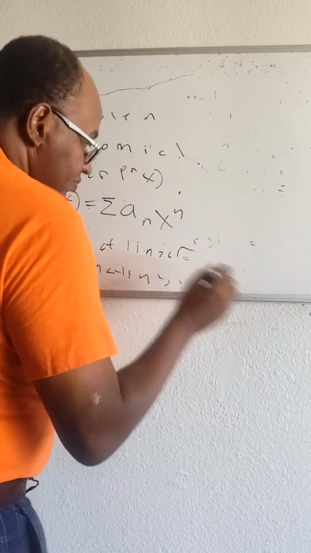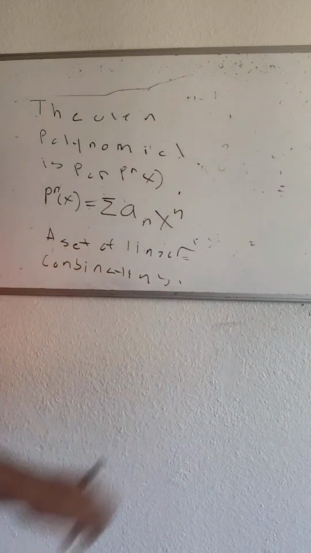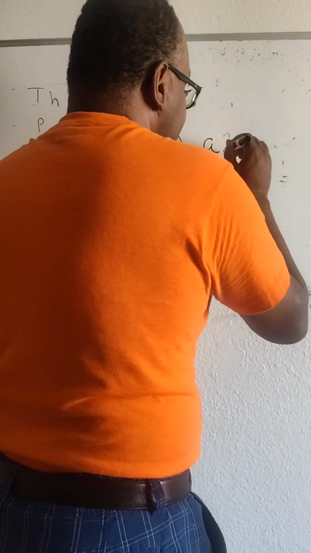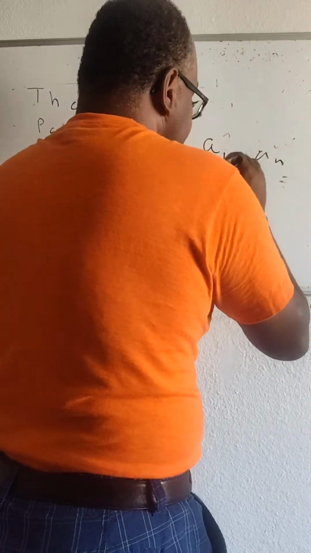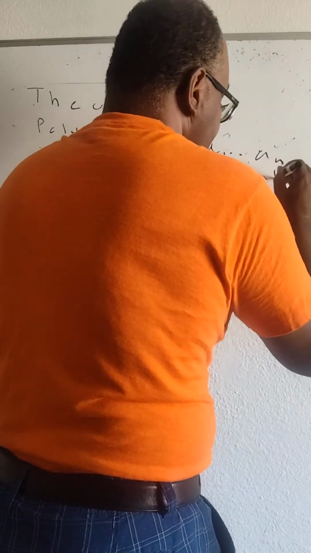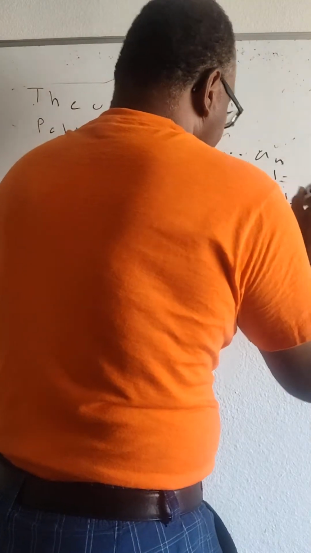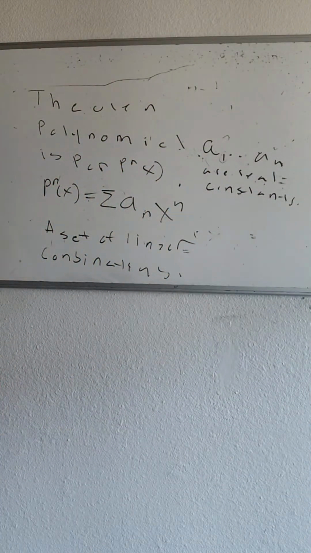That's all it is, right? This is a set. So it is a set of linear combinations. So we just proved that fact. And where a_1 to a_n are real constants.